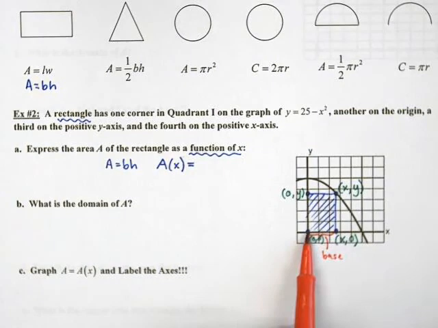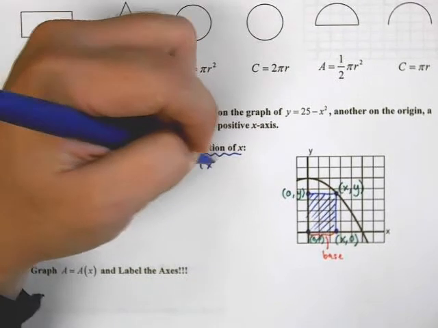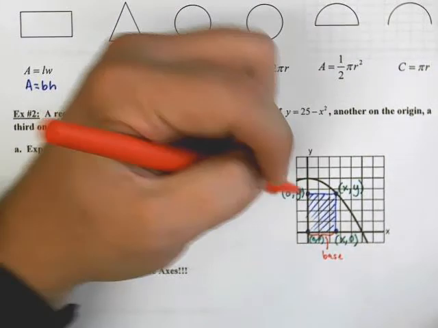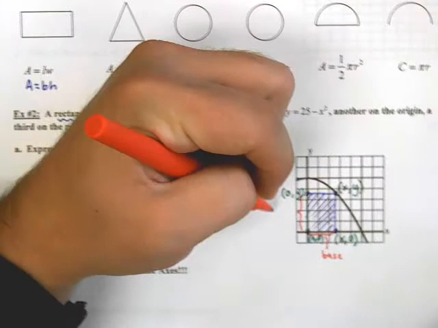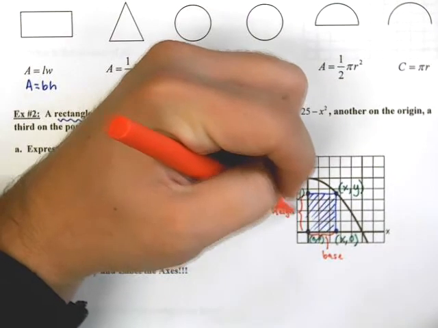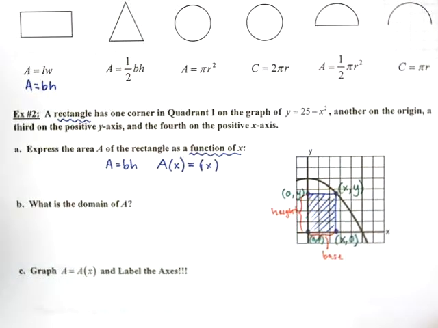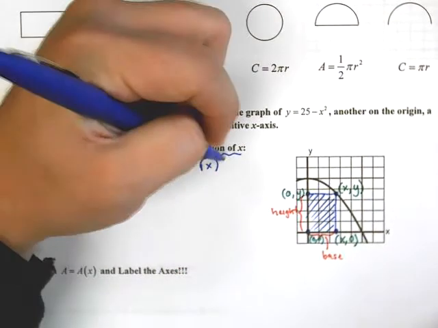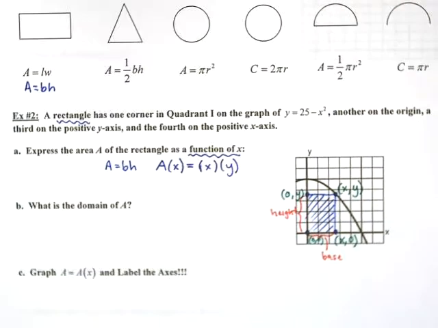If we go from (0, 0) to (x, 0), my base is x. Thinking the same way, I can draw my height in. My height is right here. My height is just from (0, 0) to (0, y). That's y. We're one step closer.